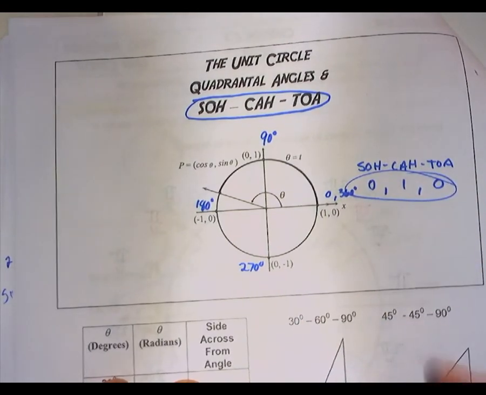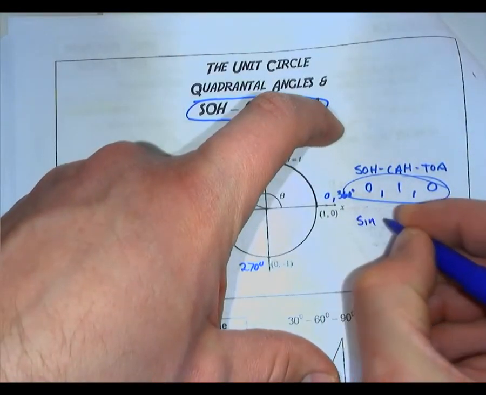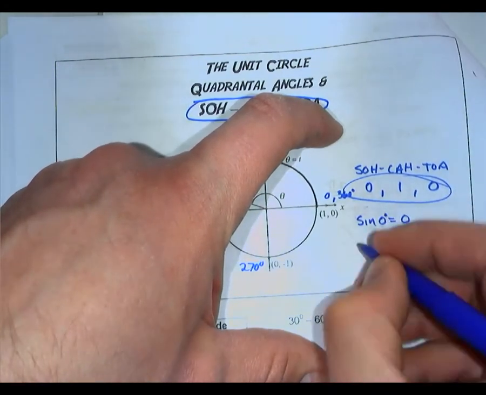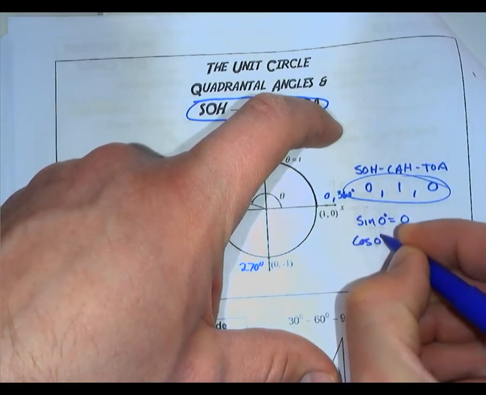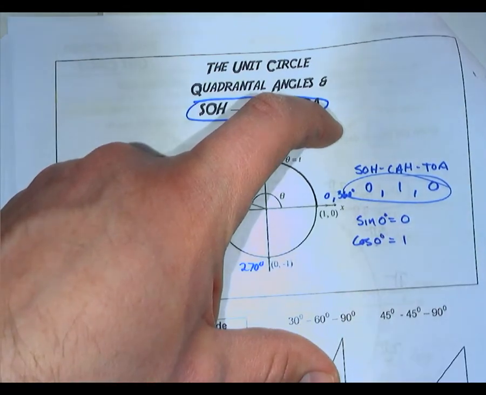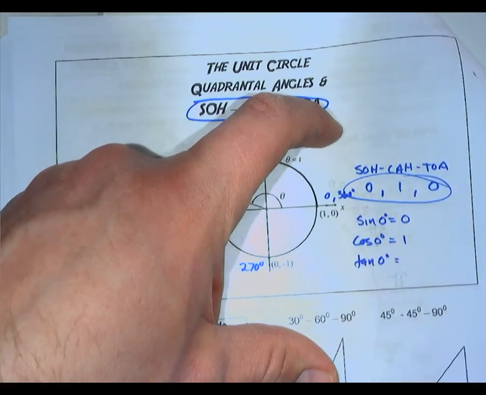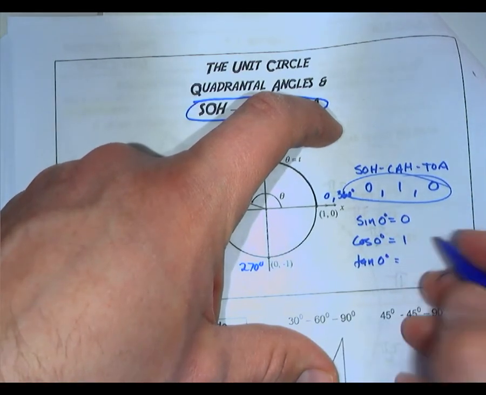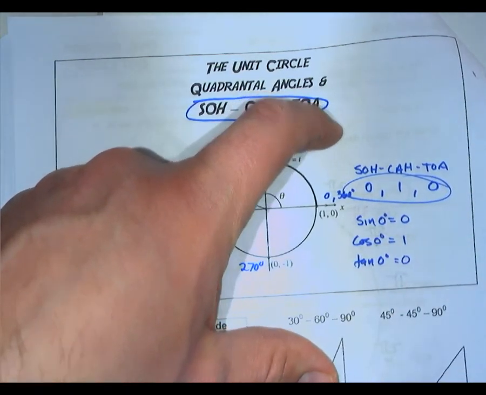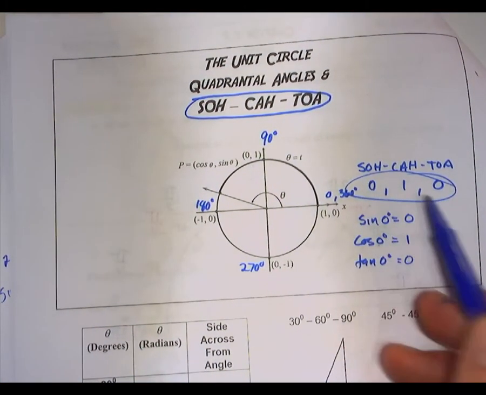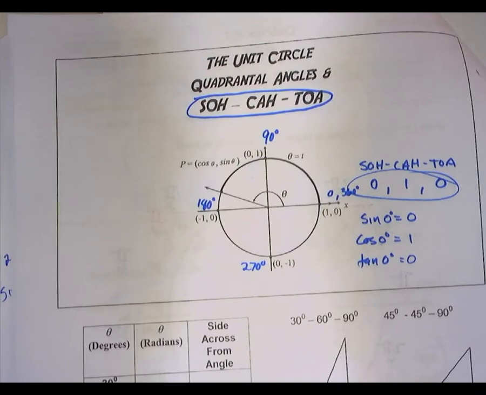Okay, so what does that mean? Just means that sine of 0 is 0. The cosine of 0 degrees is 1. And the tangent of 0 degrees, or 360, or 720, or what have you, is 0. So that's what these 3 numbers represent. It's giving you sine, cosine, and tangent for those.